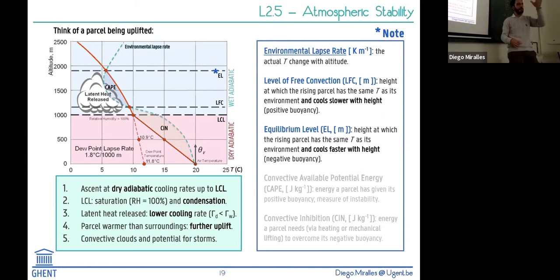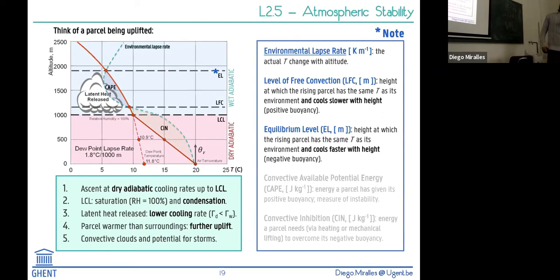That surrounding air and how it changes in temperature with height is the environmental lapse rate. And here I drew it with this green line, okay? So that's an example environmental lapse rate. It's not a theoretical line. It will change every day from region to region. But imagine this case in which you have an environmental lapse rate that looks like this, okay?